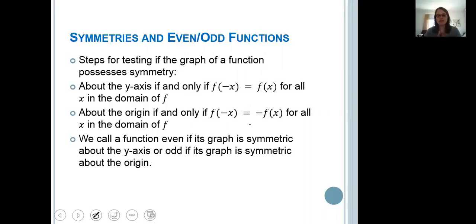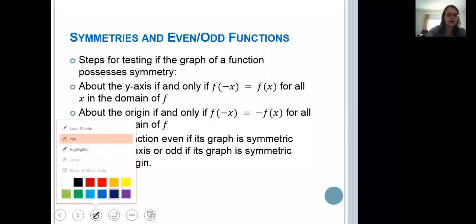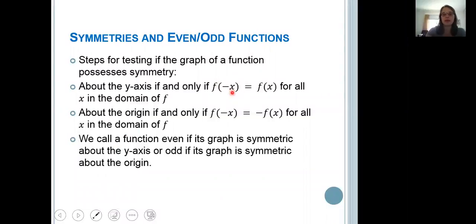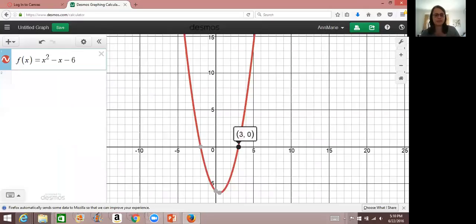So the way that translates into functions is if we can replace x with negative x, in other words, take out all of our x's, plug in negative x, and then simplify our function and get back to what we started with, then that function is symmetrical about the y-axis.